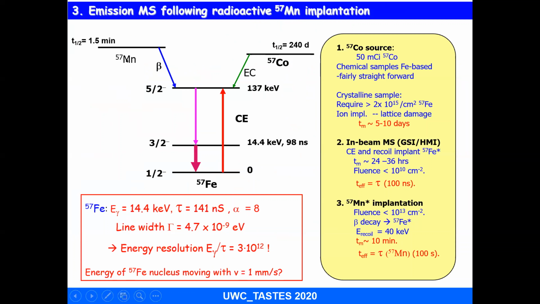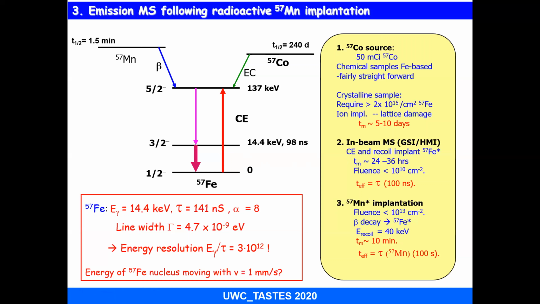Then at CERN, we approach it via the implantation of radioactive manganese-57, which beta decays to the 137 keV level, and this decays then through the Moessbauer level. And the third way is the Coulomb excitation that Counterlight developed at GSI.